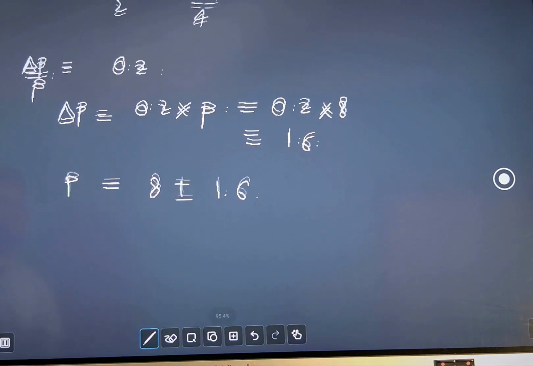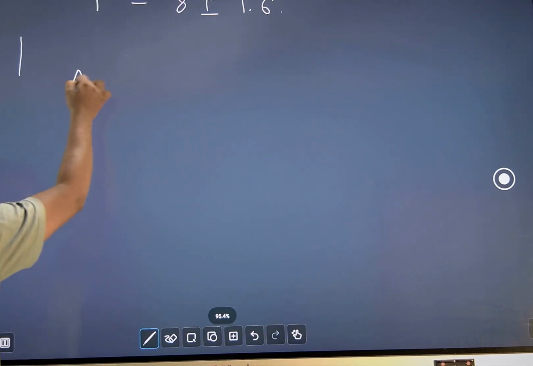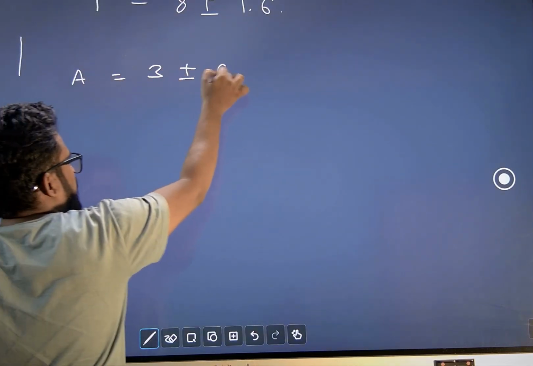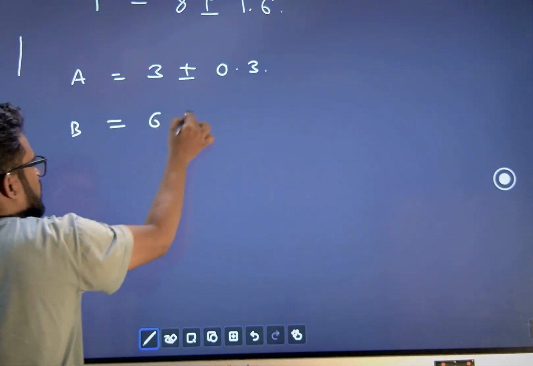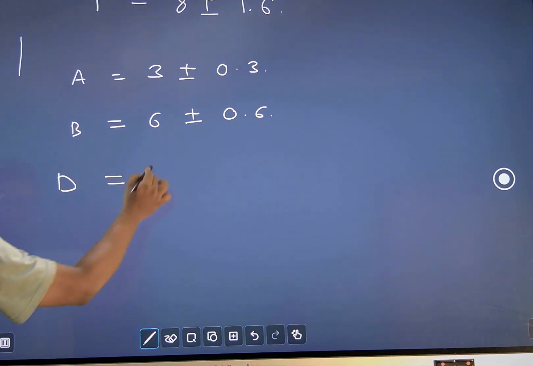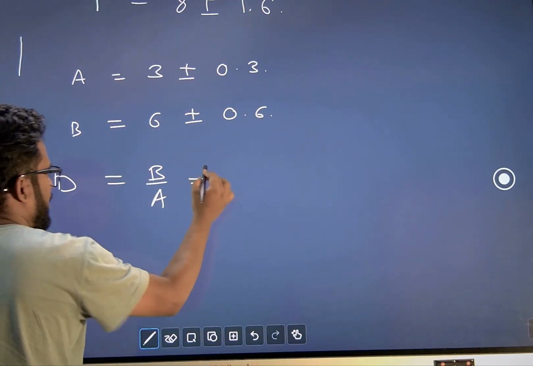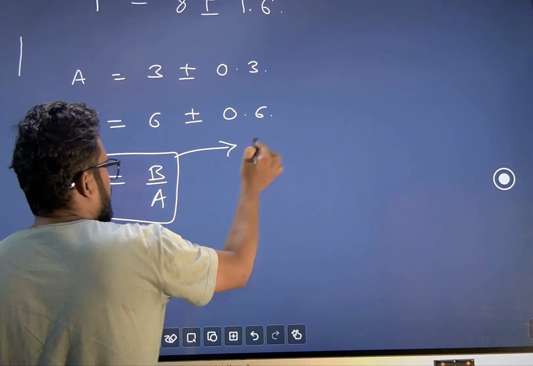Now if you want to divide two quantities, let's say A equals 3 plus minus 0.3 and B equals 6 plus minus 0.6. If you want to write out the division, D equals B over A. So this is our relation, division. From this relation, we write the error relation.